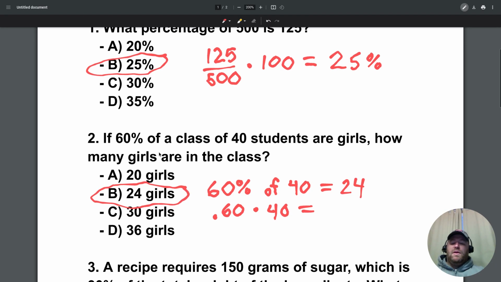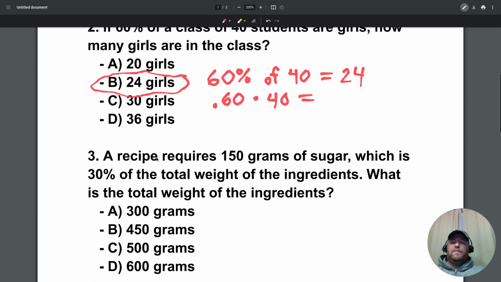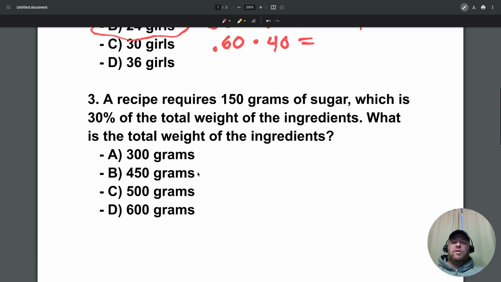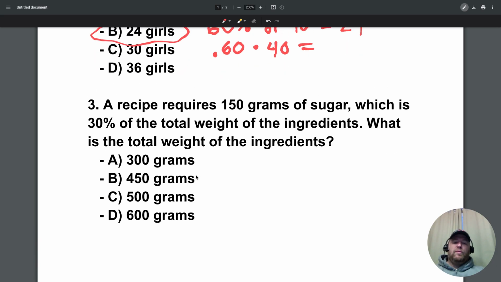Okay. Next one. A recipe requires 150 grams of sugar, which is 30% of the total weight of ingredients. What is the total weight of the ingredients? Okay. So we have 150 grams of sugar, and we don't know the total weight. We're trying to find that. Let's call that X. And that's going to equal, well, the 150 is the 30% of the 100.